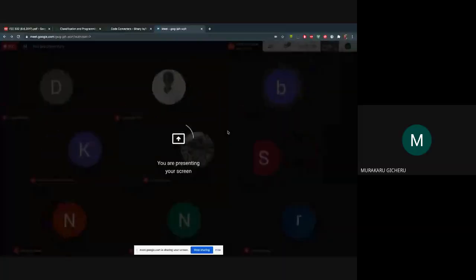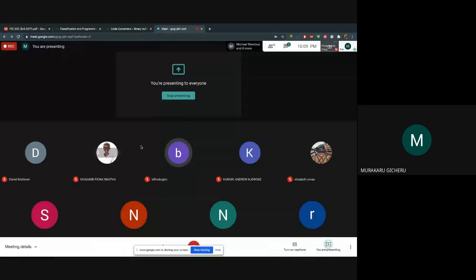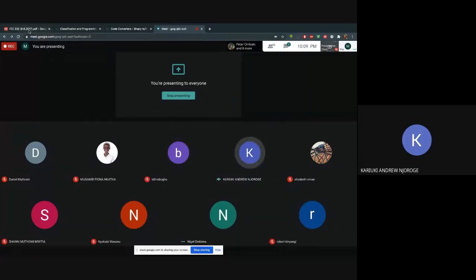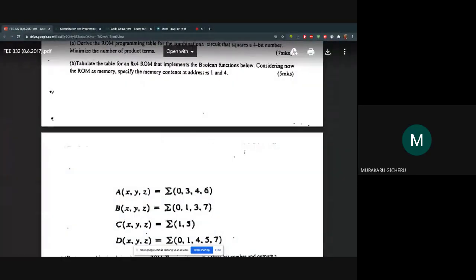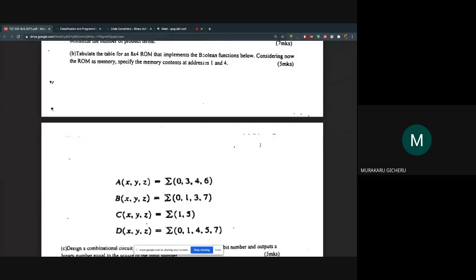So I think we'll just go on, and I'll take us through part B. Let me just present my screen. Can you see my screen, guys? Yes. Part B reads: tabulate the table for an 8x4 ROM that implements the Boolean functions below.